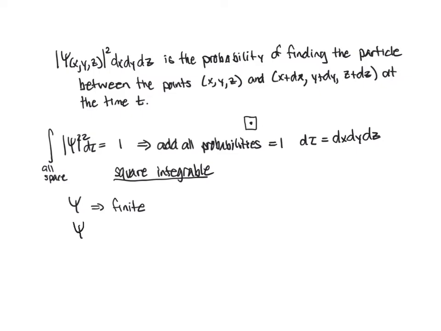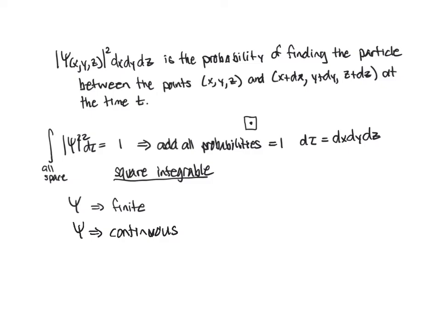Psi has to be continuous, because if I'm going to interpret this as the probability of finding the particle, then I can't have a place where there's no defined probability. So if my function is not continuous, there will be a jump in the function. There will be a point where that particle doesn't have a defined probability.